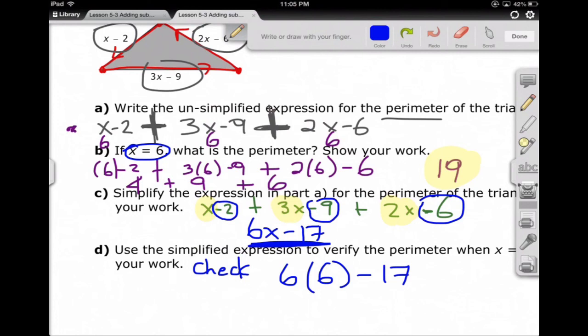If this is right, we should get the same as that. 36 minus 17, perfect, 19. So if this expression, the simplified one, is the same as the unsimplified one, it's just a lot less work, and that's what you've got to realize.